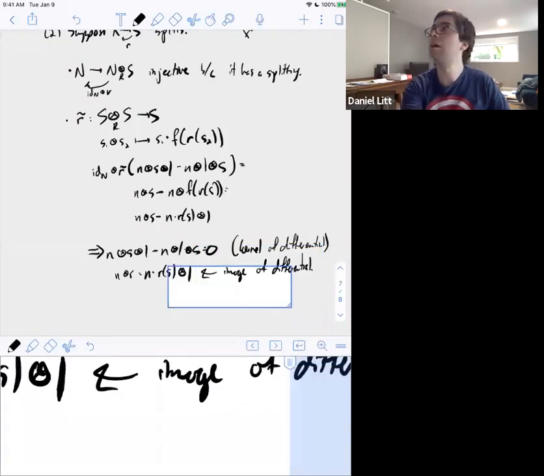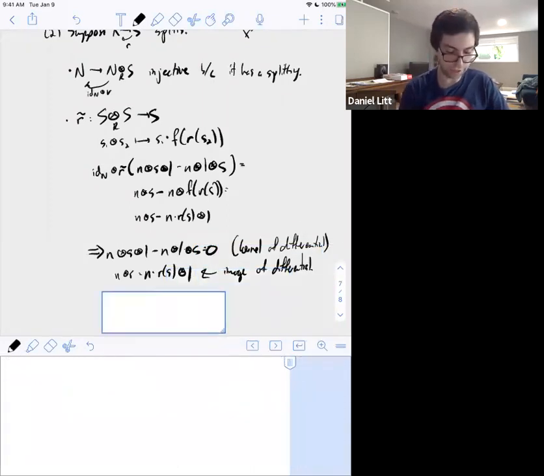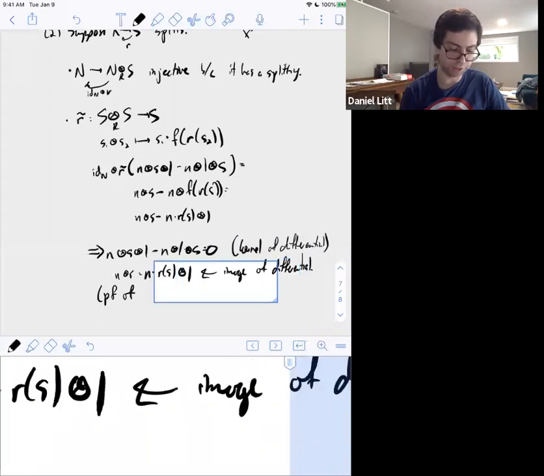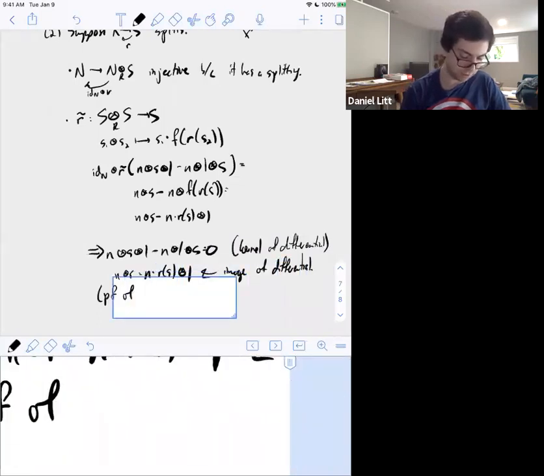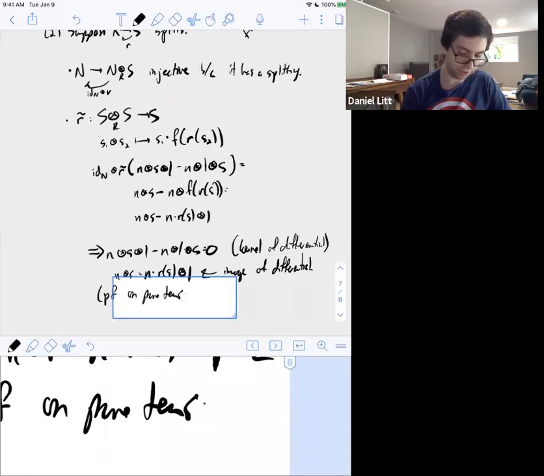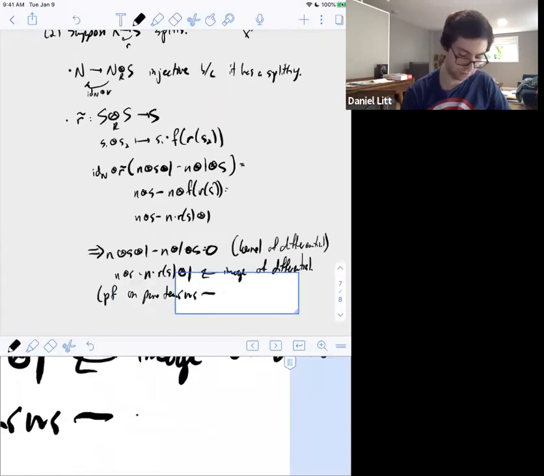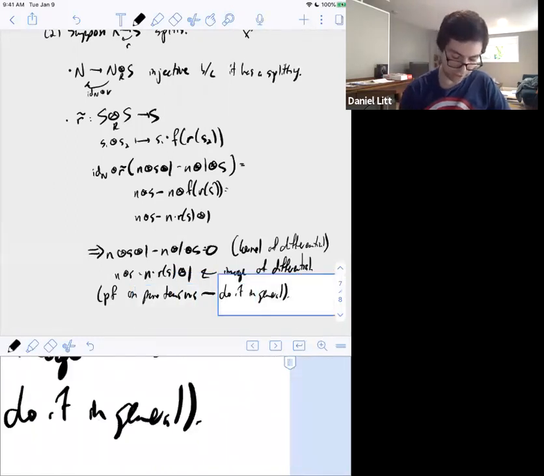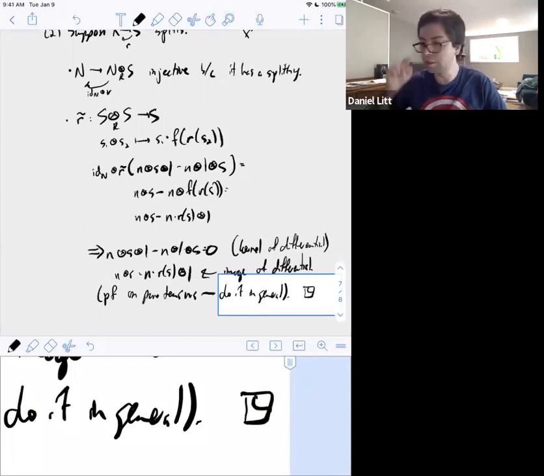So that's the proof on pure tensors. We proved that if you're in the kernel of the differential, then you're in the image. The exercise is to do it in general. So that I claim completes the proof of the lemma.